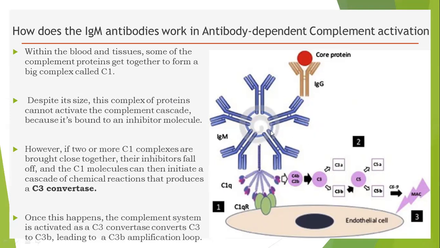Once bound to the constant region of the IgM molecule, it allows for the inhibitor to drop off, thus leading to the activation of the C1 complex, which then leads to the activation of C3 convertase, which then activates the complement system, or the classical pathway of the complement system, which we already covered.